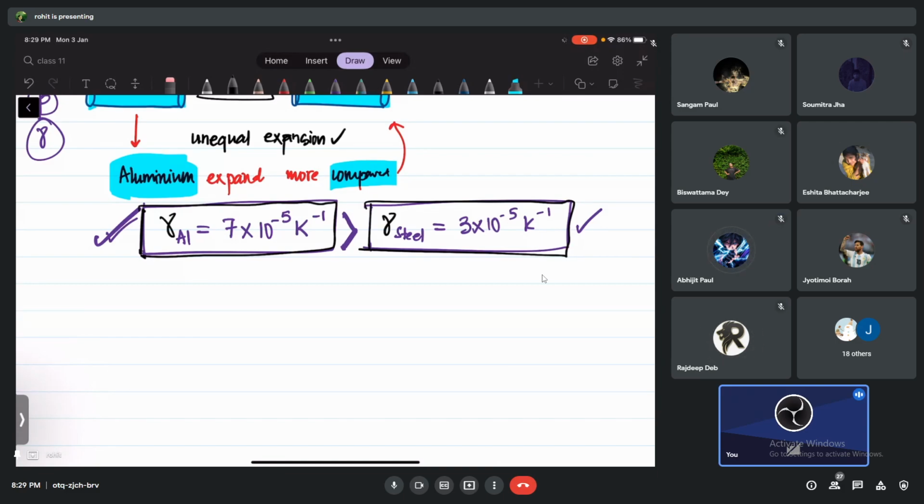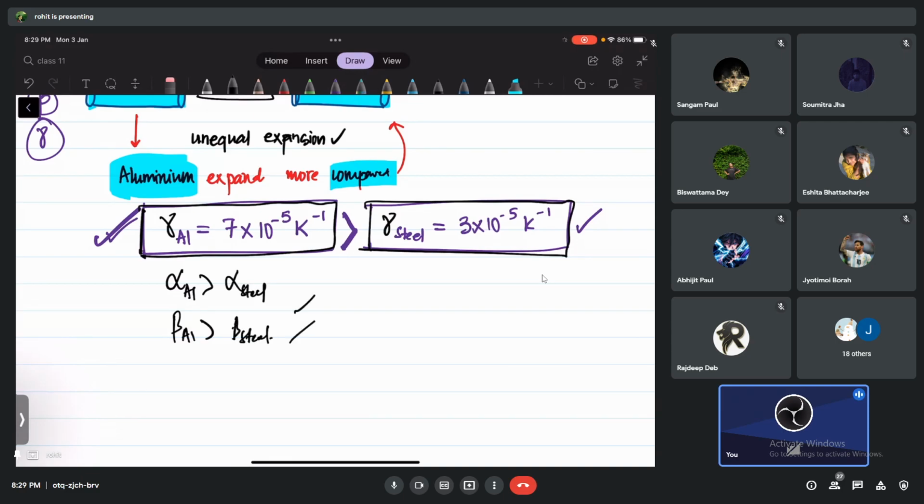And obviously who will have more expansion in length? Aluminium. Who will have more expansion in area also? Obviously aluminium. So even alpha and beta for aluminium will be greater than alpha and beta for steel. I think you got this point.